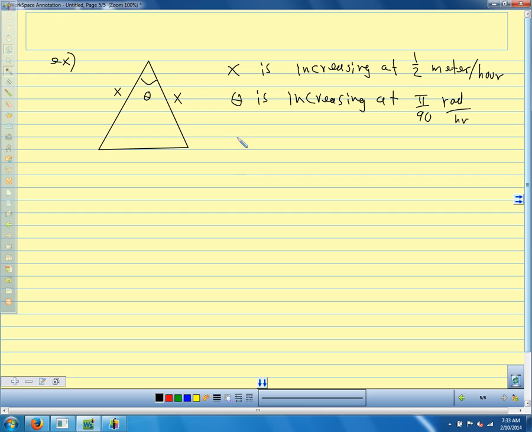And what we want to do is find the rate of increase of the area when x equals 6 and theta is pi over 4.